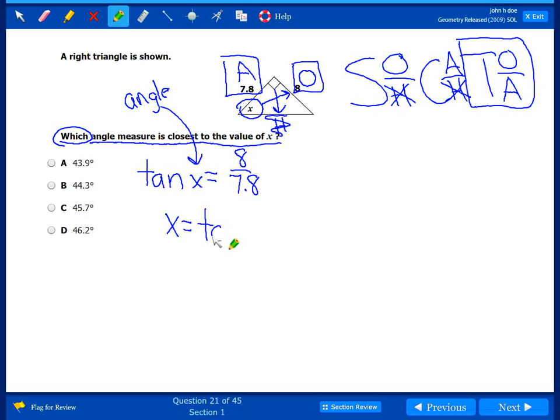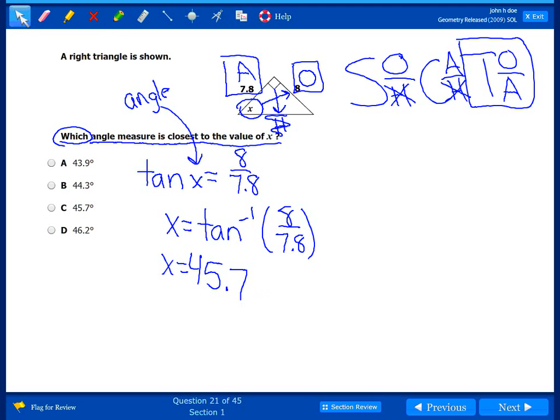So x is just going to be equal to tan negative 1 of 8 over 7.8. When we type that into our calculators, make sure your calculator's on degree, by the way, we get 45.7. Which is C.